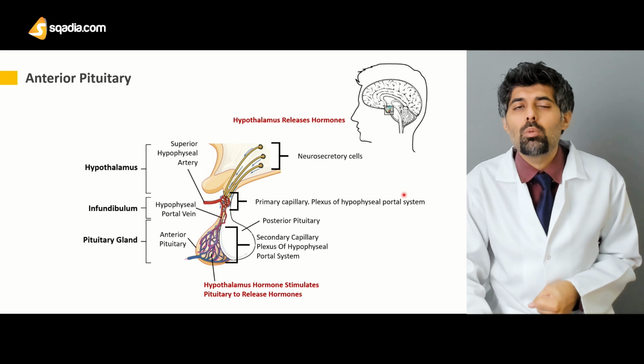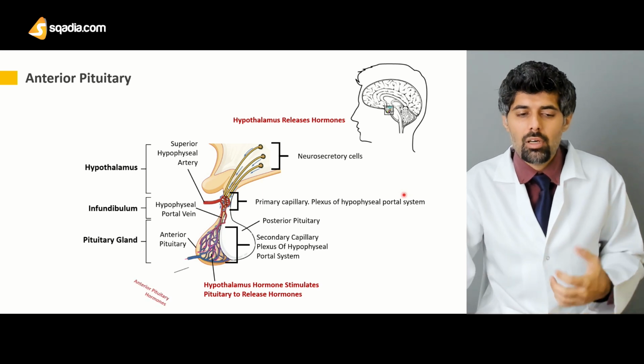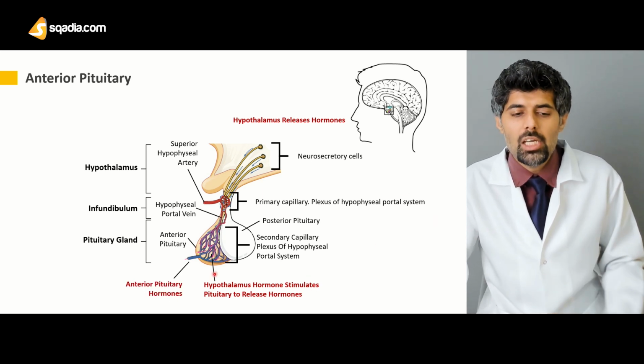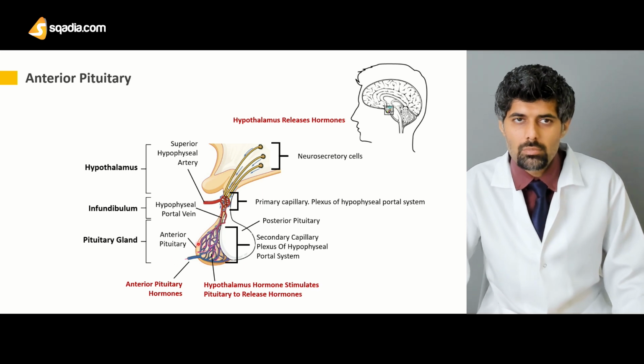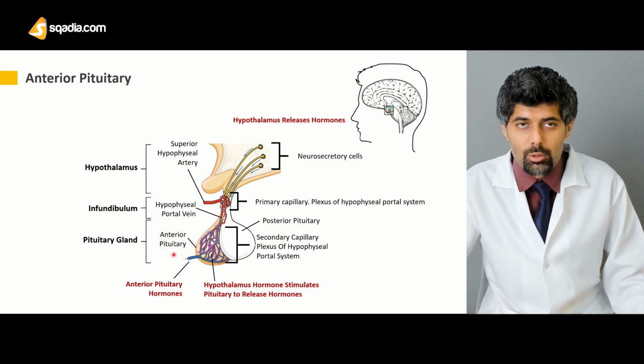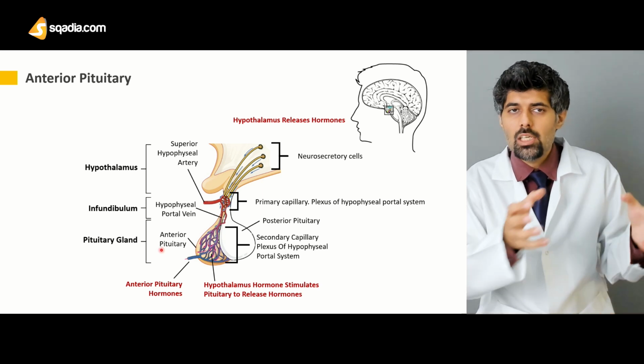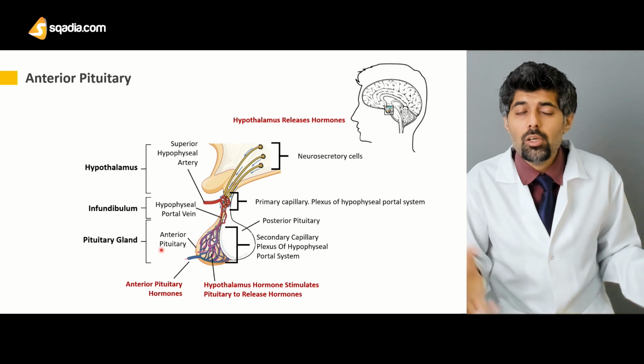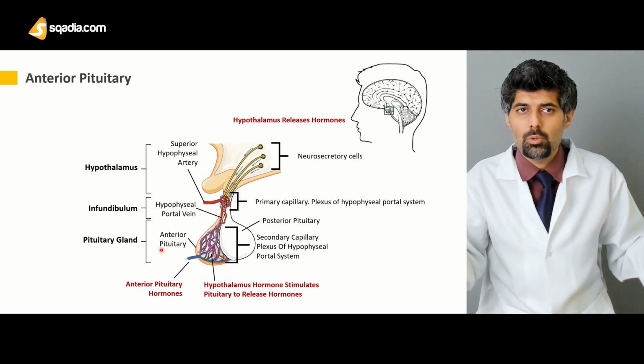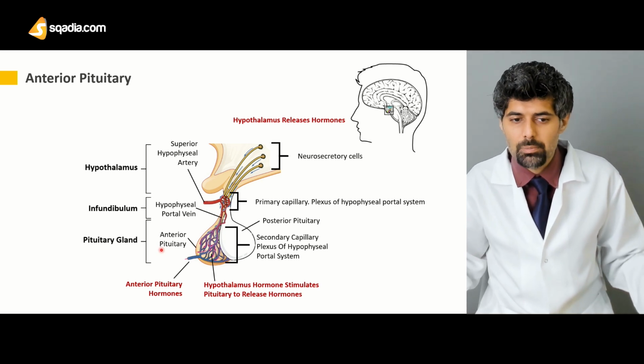And whenever those hormones are produced, they are again released through the hypophyseal vein and through the hypophyseal vein into the whole of the human body, through the venous system and then to the arterial system.